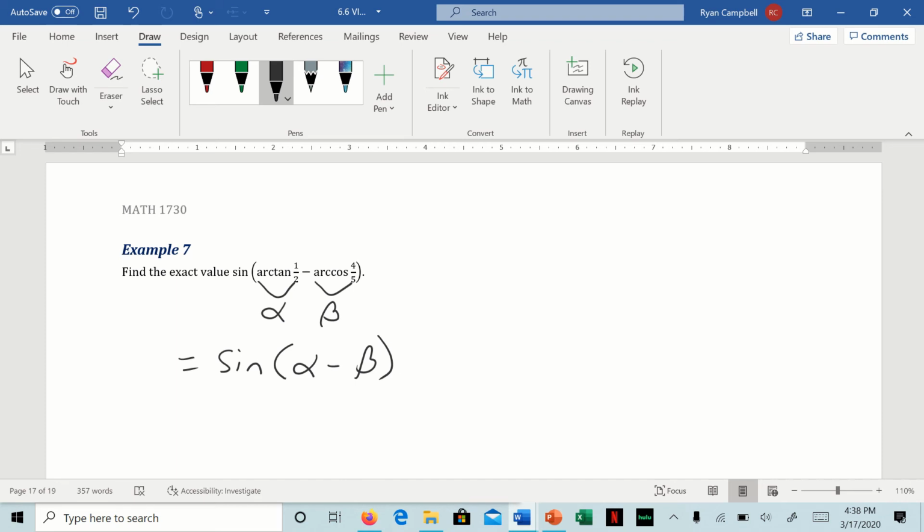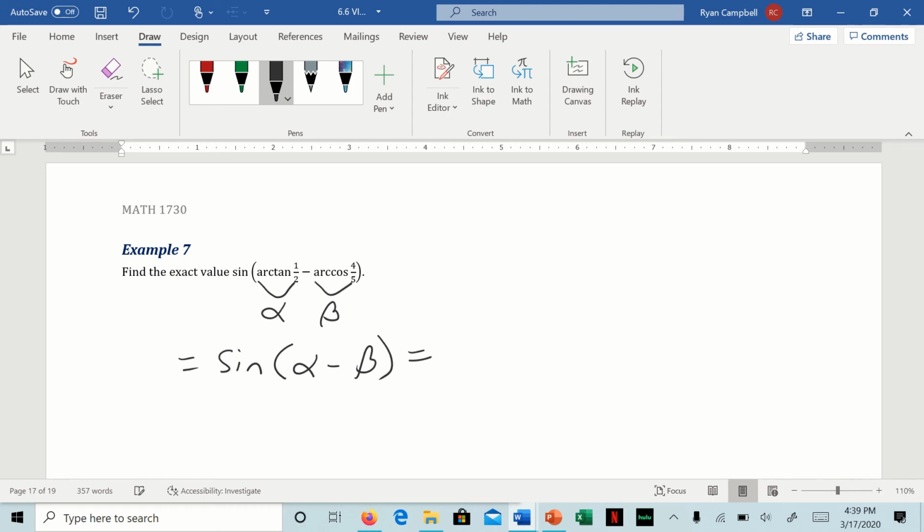So now, is there a formula that we could use so that this could look a little nicer? We don't really know how to do alpha minus beta of sine, right? Because we don't know what those are. So is there another equation that we've talked about in the past? Hint, hint, yes, the answer is yes. And this is actually the first thing that we talked about, the adding and subtracting of angles.